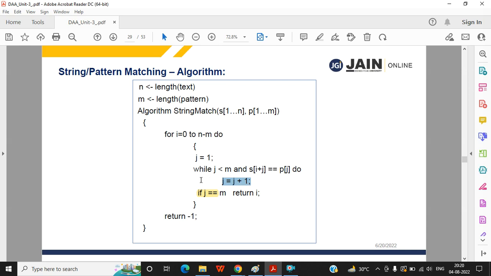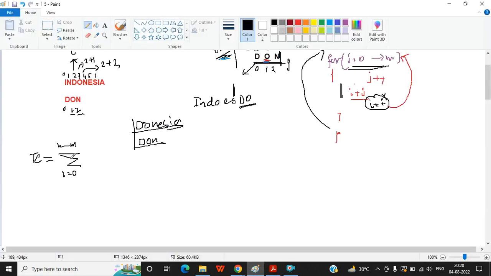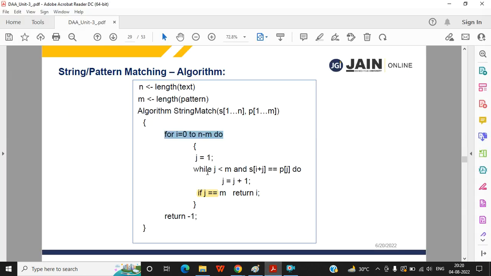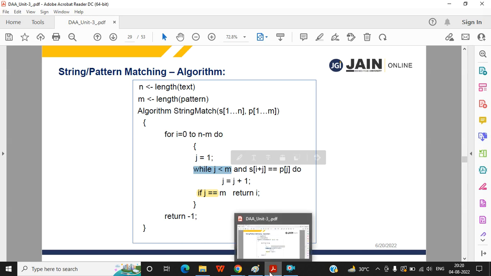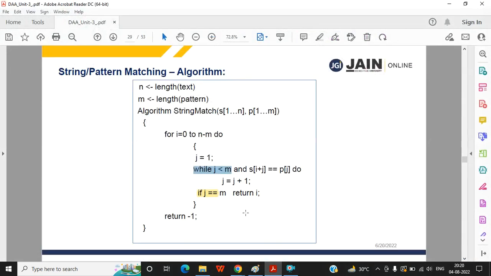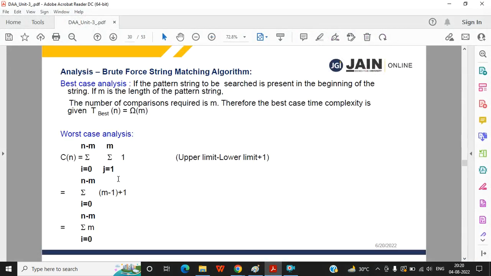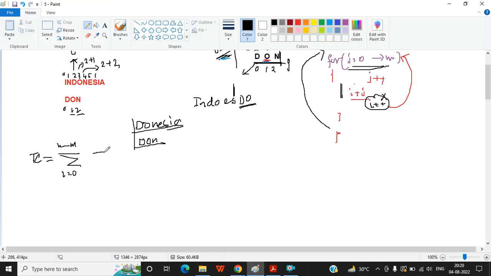Okay, so now see, for this loop we can write this one, and for this loop, how many times will it iterate? j is equal to 1 to m. So we can write the sum j is equal to 1 to m.